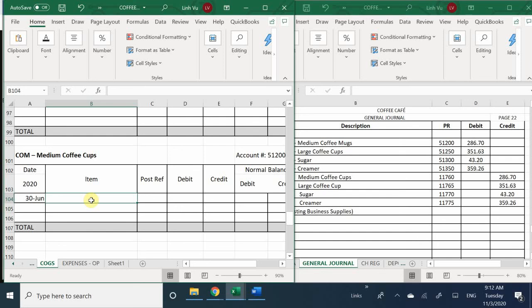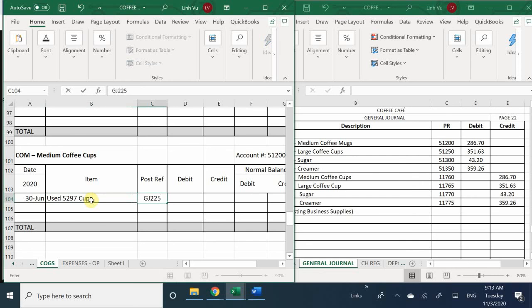How many cups did I use? For medium cups, we use 5,297. Good. Okay, I'm going to write used 5,297 cups. Okay.